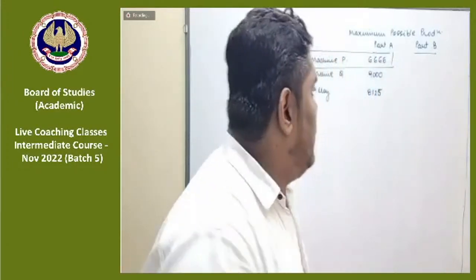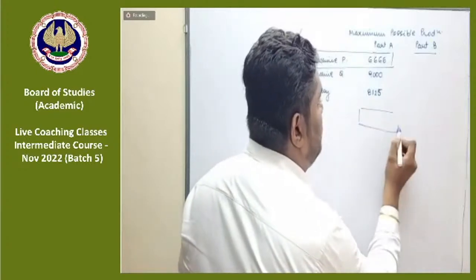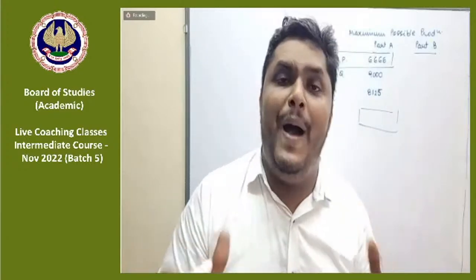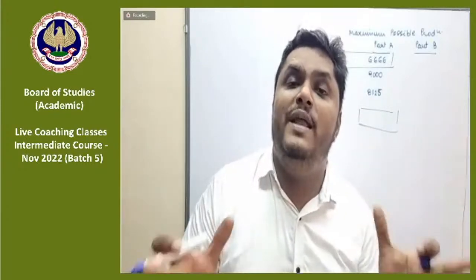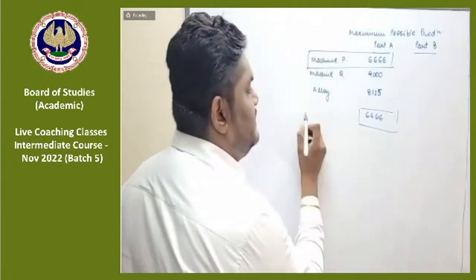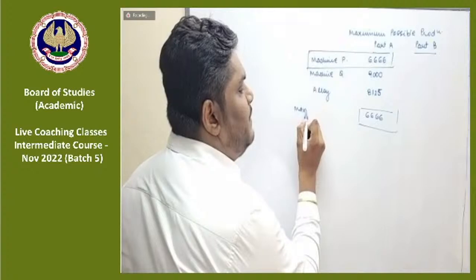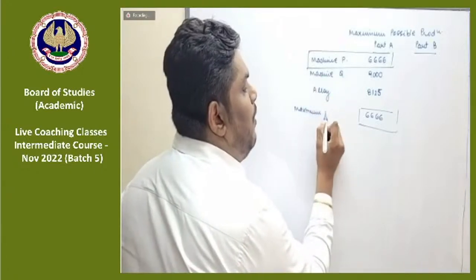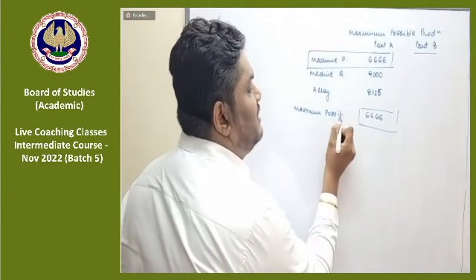So when talking about part A, we can manufacture only 6,666 units. That is the maximum possible production.